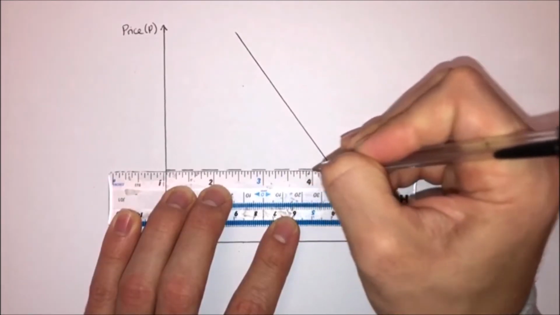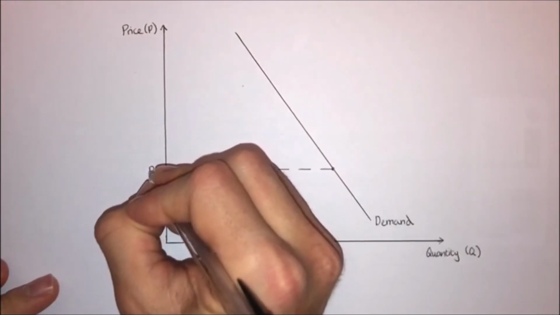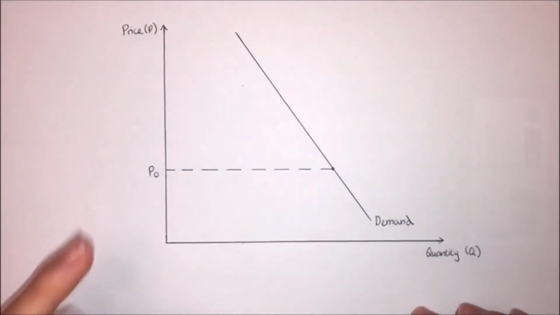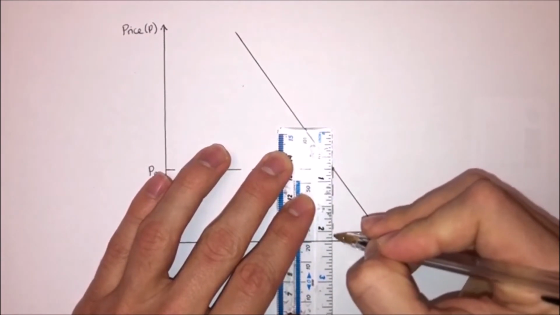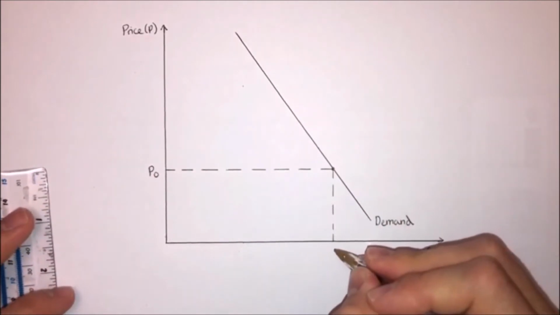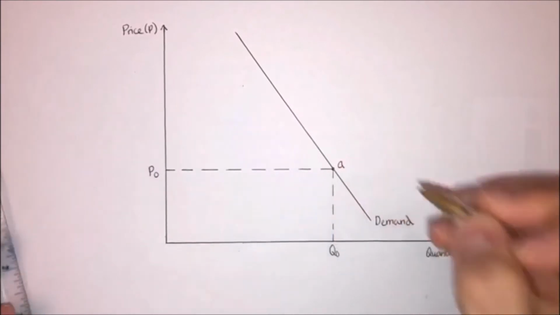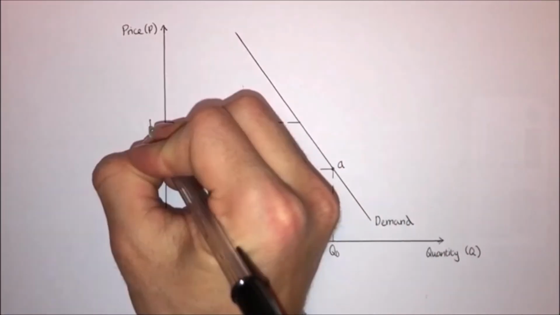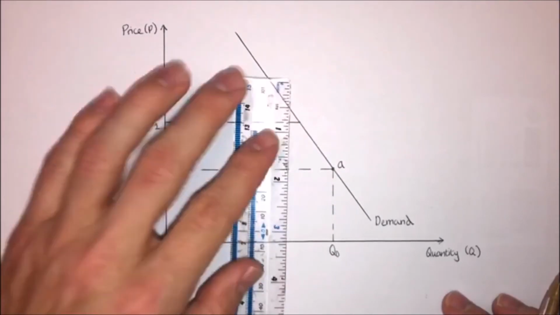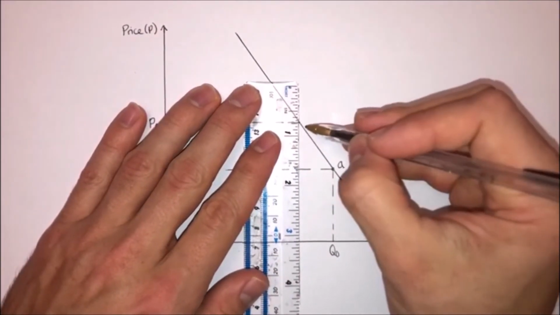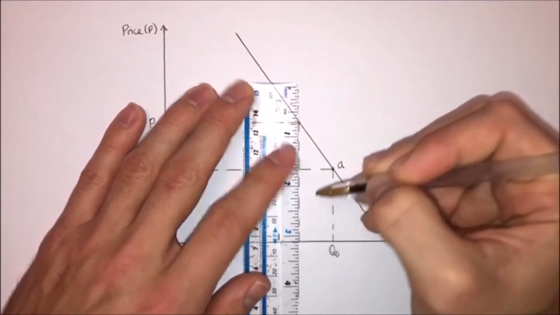So if we put a price level P0 in and draw along this, if you choose a ruler and meet the demand curve and follow that down, you'll find that we get a quantity demanded of Q0, and this is represented by point A on the demand curve. So if the price of the good or service now increases to P1, again, following that along to the demand curve and down to the quantity, we'll get a quantity demanded of Q1.